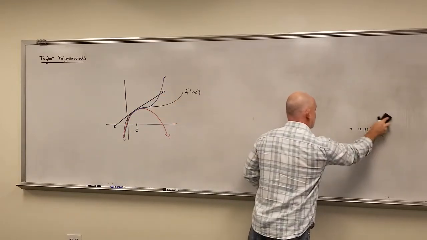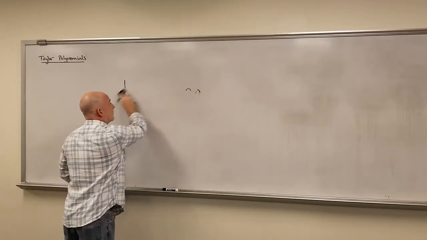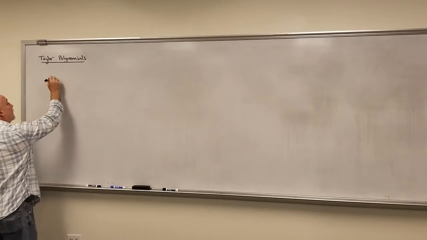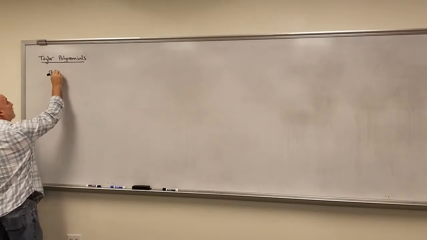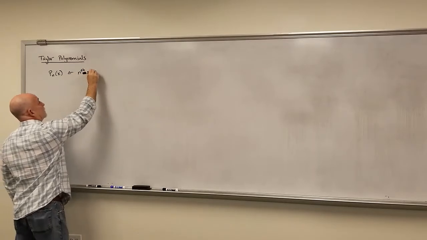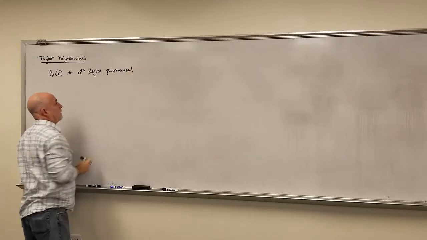Let's see if we can put this concept into practice mathematically. First off, we need to define what a Taylor polynomial actually is. We're going to call this Pn of x. This is going to be an nth degree polynomial.